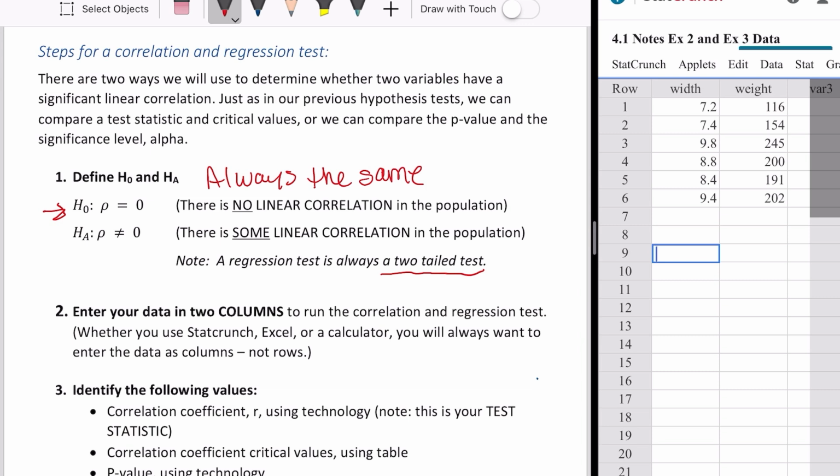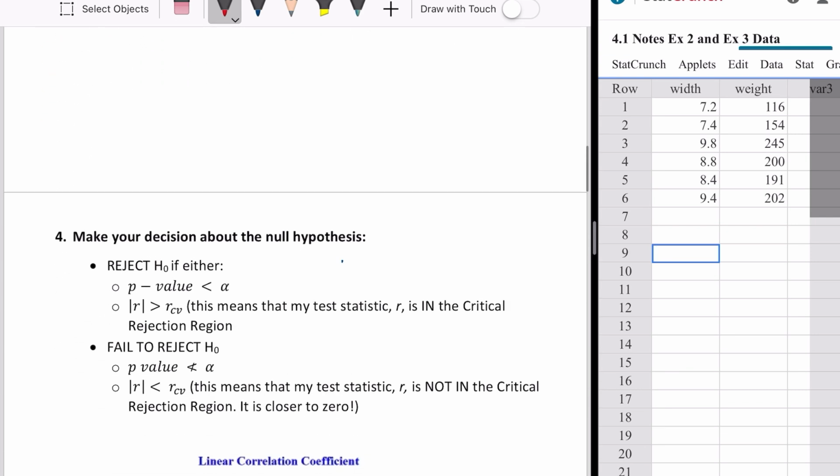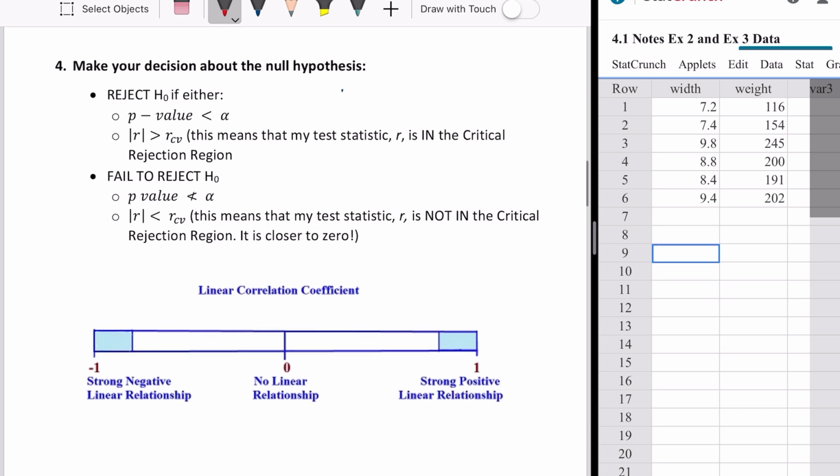That correlation coefficient is a number between -1 and 1, and the closer it is to -1 or +1. So -1 is like a perfect negative linear relationship, which means all your points lined up in a perfect line with a negative slope.